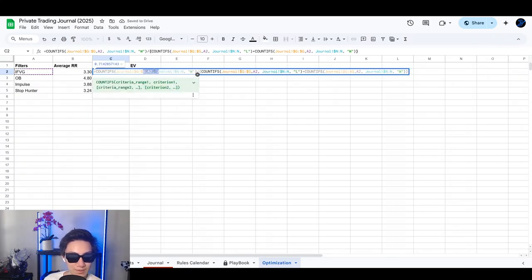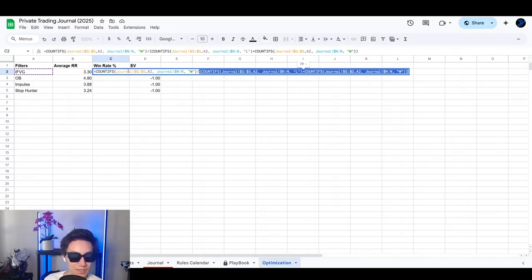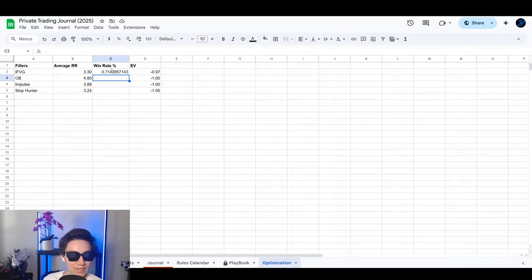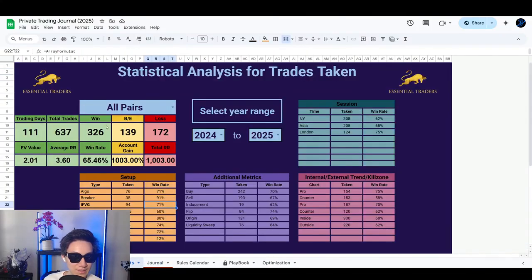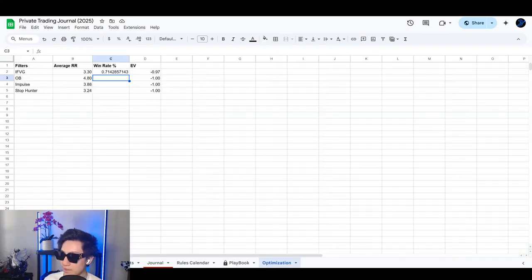Because originally, I believe it was doing MD. So originally it was dividing this by this, which we got 2.5, and then it was adding number of winners, I think. But once you put this all under parentheses, this would all be in the denominator, and this would be in the numerator. That's the win rate here. So it does match my stats. So the win rate there is correct.